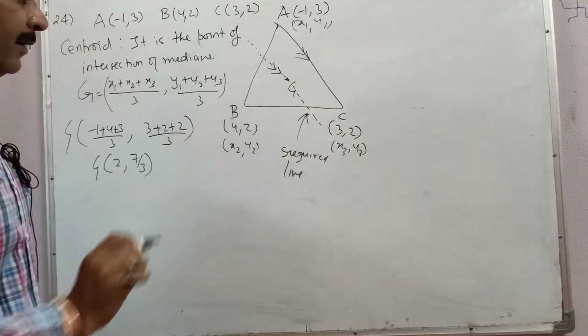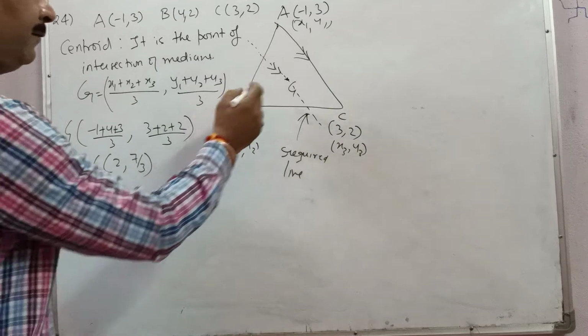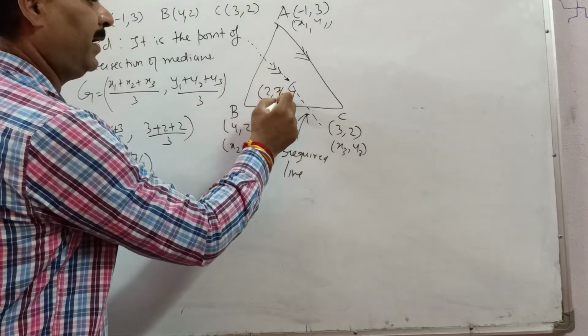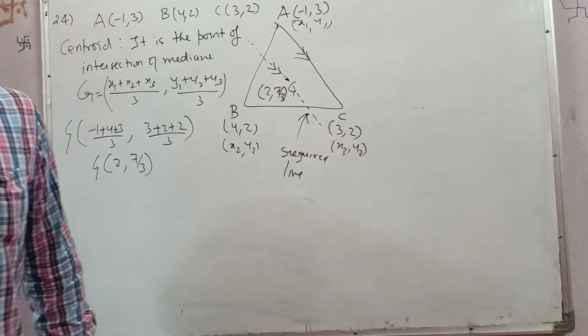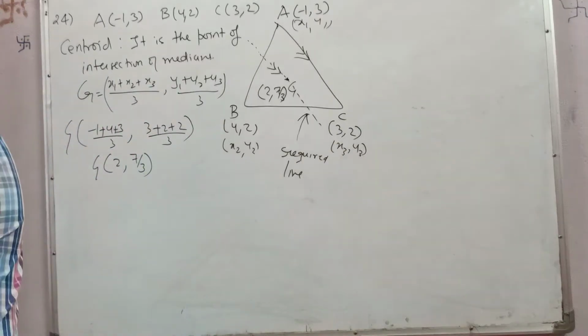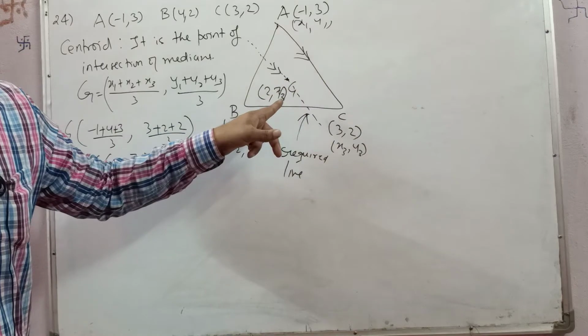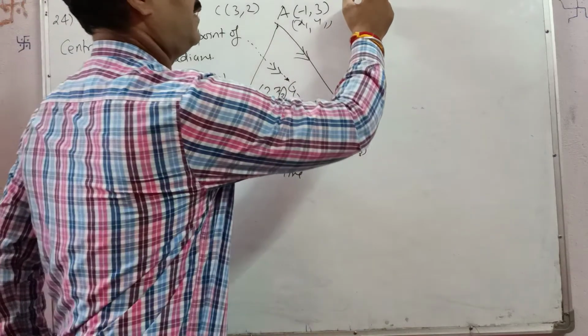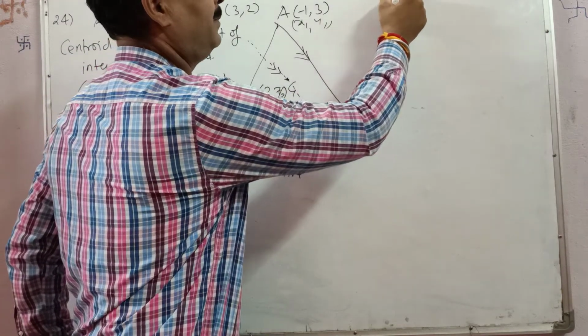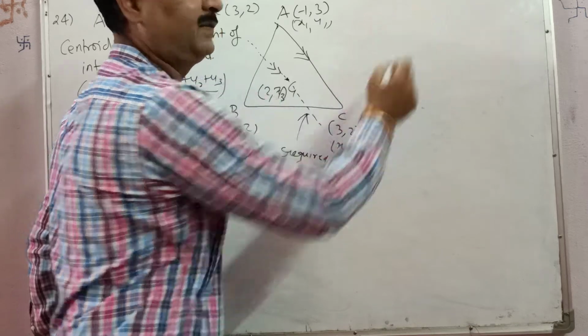What do we have for the required line? We have one point, that is 2 comma 7 by 3. What else do we require? We require the slope of this line. Since these two lines are parallel to one another, the slope of the required line will be equal to the slope of AC.